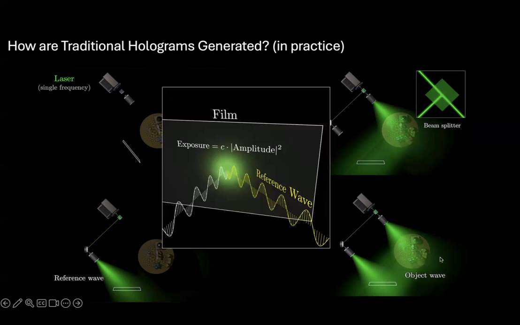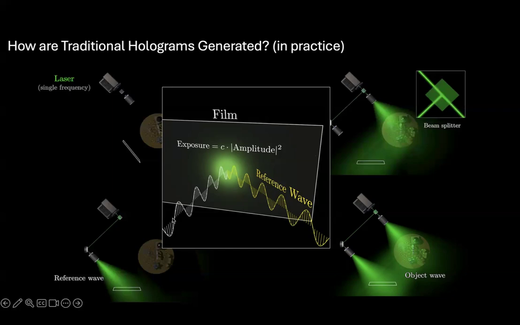So now on top of the object light field, what you have additionally compared to normal photography is a reference wave that's coming into the film at the same time. So this is how holography allows you to record not only the intensity, but also the phase.